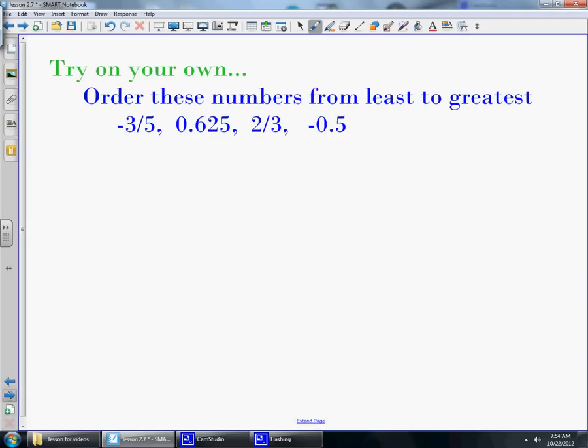Okay, when we look at this, I know that 3/5 is equal to 0.6. So this is negative 6/10. This is already a decimal, and I know that 2/3 is 0.6 repeating. And then we have negative 1/2 as a decimal. So the smallest number is going to be negative 3/5.